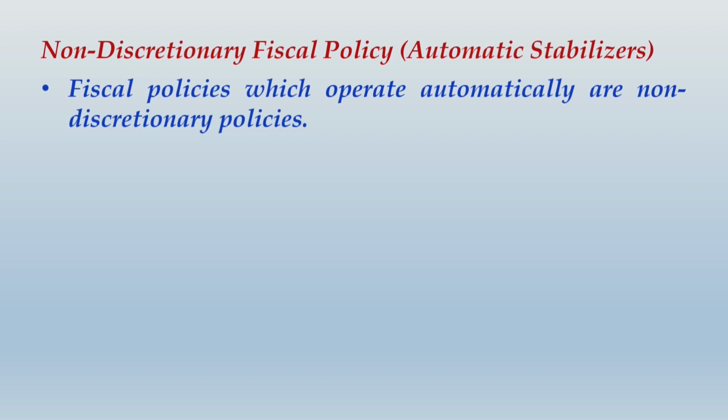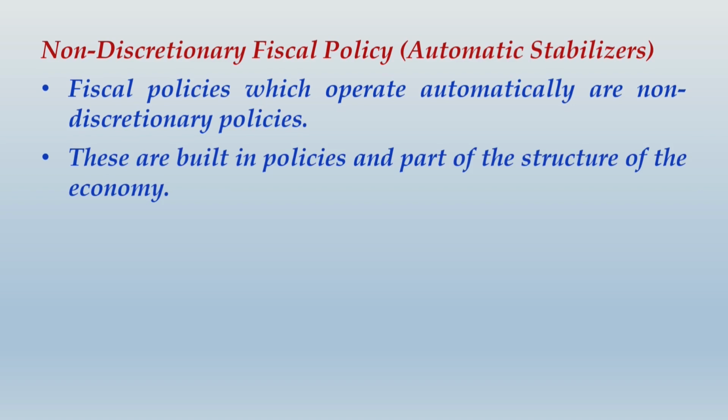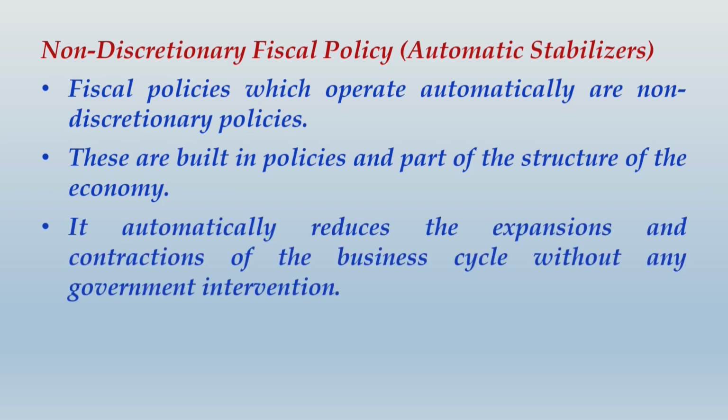So basically discretionary means something that government is doing willingly by taking steps, and certain policies which are on an auto mode will be considered as non-discretionary policies. These are built-in policies and part of the structure of the economy. It automatically reduces the expansions and contractions of the business cycle without any government intervention. So please write up this much and then I take you ahead.